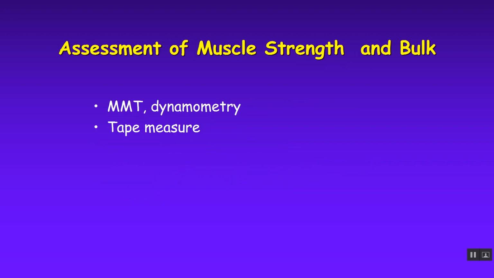You guys know how to assess muscle strength and bulk. MMT, that's the big one. For assessing the motor system, number one is MMT, doing a really good, careful MMT.